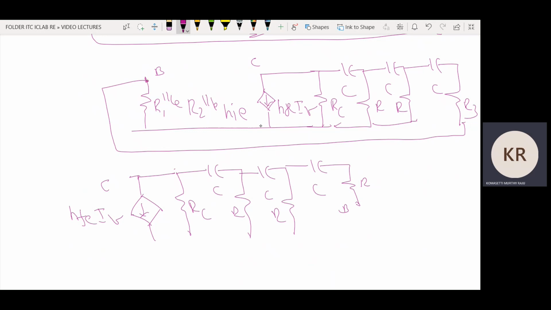In between B and ground, R1 parallel to R2 parallel to HIE, like that.